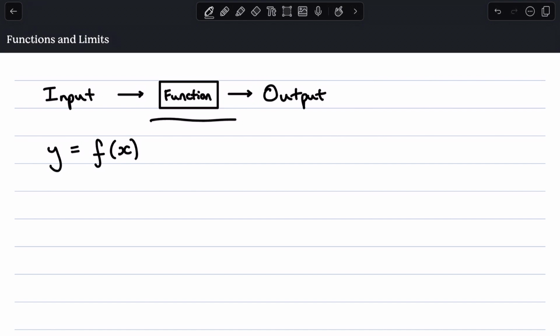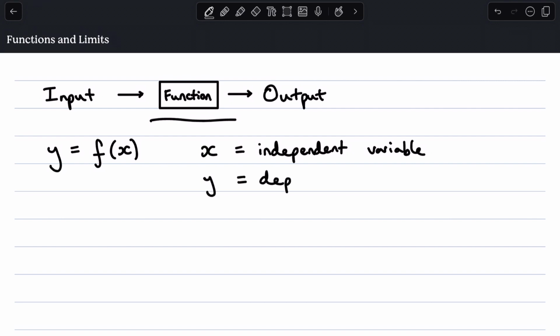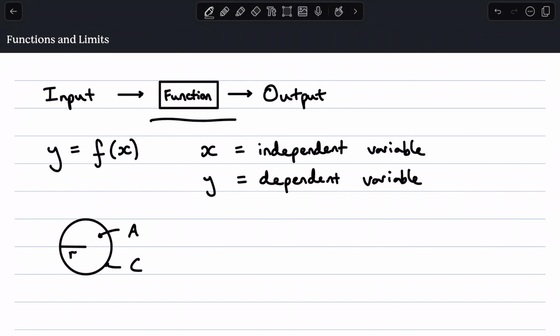And because of this, we call x the independent variable, but y is dependent on x, so it's called the dependent variable. An example of this is the area and circumference of a circle, which both depend upon the radius of the circle. So the equation for the area of a circle is given by A equals pi r squared, and the circumference is given by C equals 2 pi r.